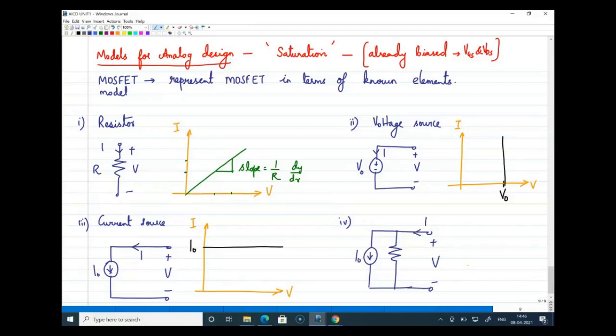One is I naught, through the current source, and the other can be marked as IR, the current through the resistance. Now in this case, can you tell me what will be the characteristic? Again, why am I doing this? Because we are trying to represent the MOSFET in terms of known elements, and I'm combining two elements and observing the characteristic of that.